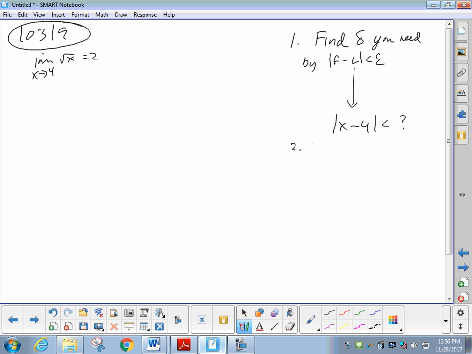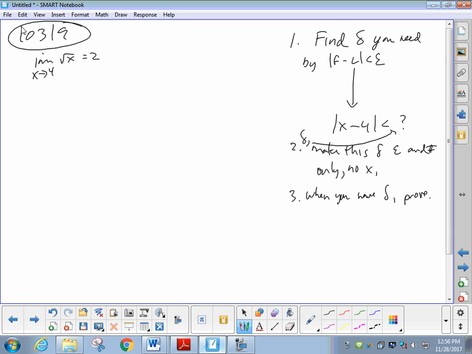You will then make this delta, but you need to make this delta epsilon and number only, no x. And you'll do that by assuming x is close to 4. We'll talk about that. Once you have your delta, you run your proof.